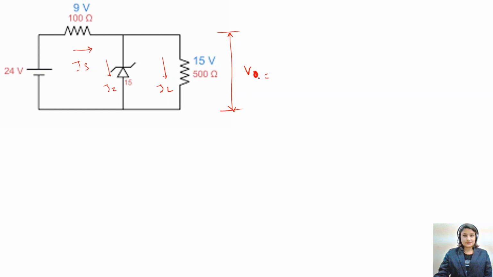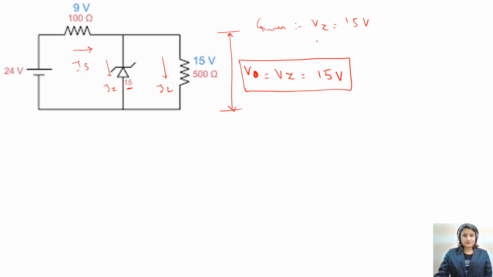You know VO is equal to VZ. If you see the diagram carefully, below the Zener it is written 15, which is the given value of VZ. The Zener diode has a Zener voltage of 15 volts, so your output voltage is 15 volts. One must answer it in a fraction of a second.